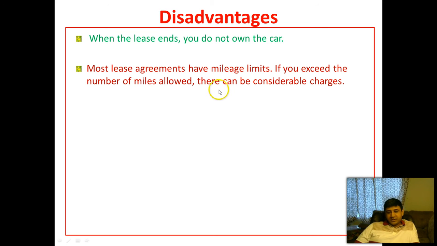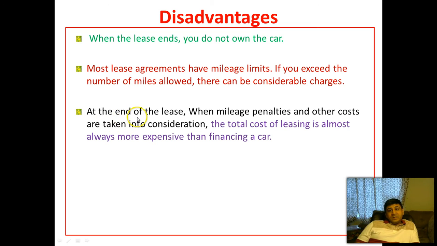That's another disadvantage. Another disadvantage is at the end of the lease, when mileage penalties and other costs are taken into consideration, the total cost of leasing is almost always more expensive than financing a car. If you're driving a lot and you go beyond that, it's not a very wise decision.